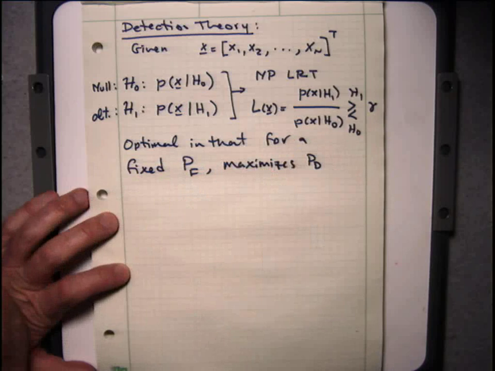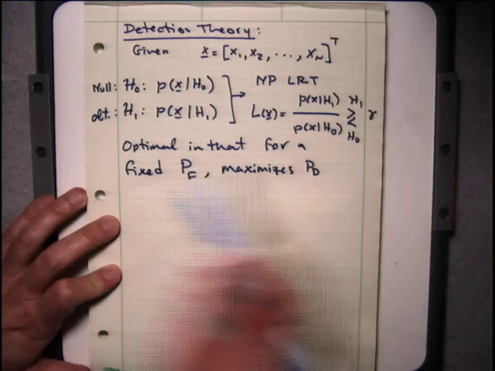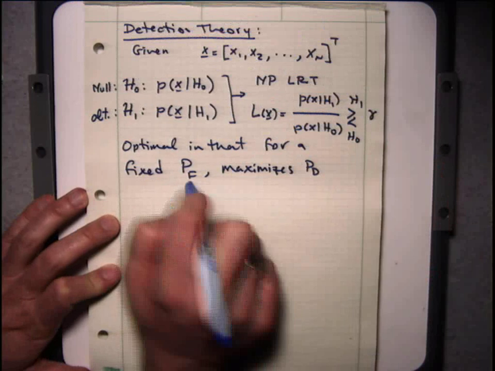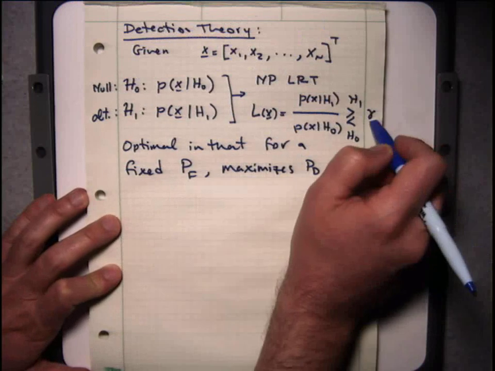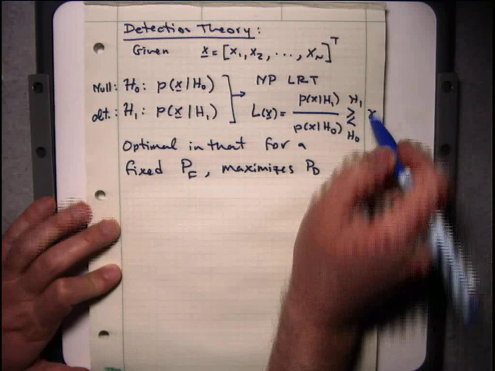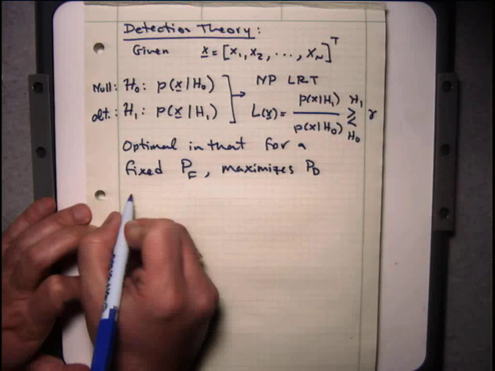And then you might wonder, where does this gamma come from? Well, once you fix the probability of false alarm, that automatically fixes the value of gamma, and the way it does so is through the following equations.